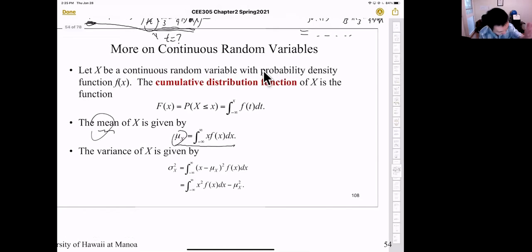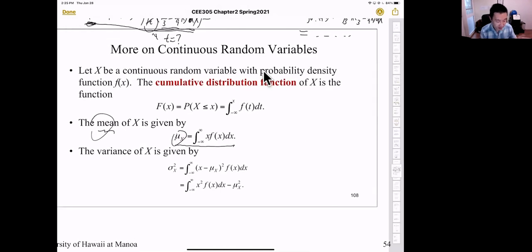Let's continue. Cumulative distribution function. For discrete variables, we also have a cumulative distribution function. For continuous variables, it will be this: Fx equals the integration from negative infinity to x of ft dt.